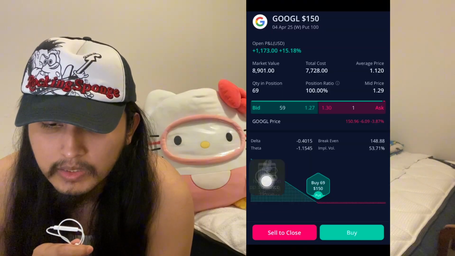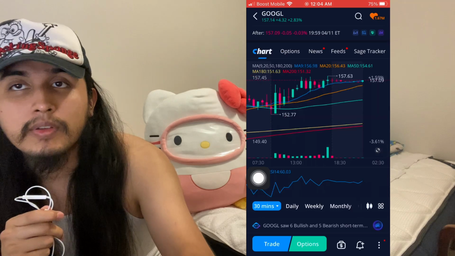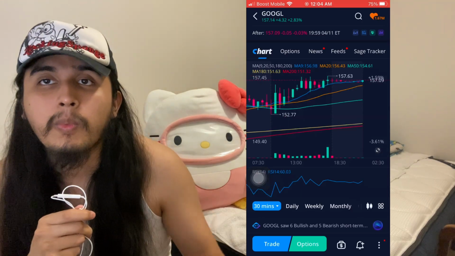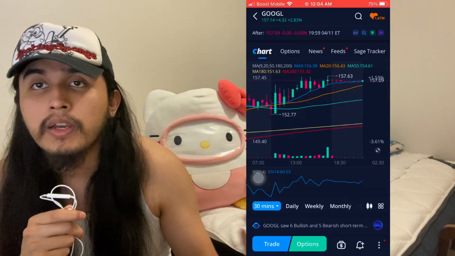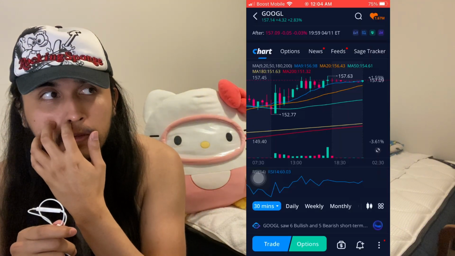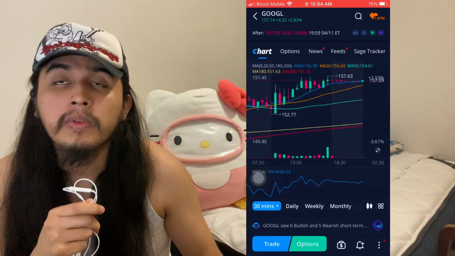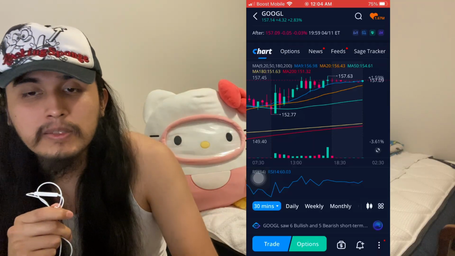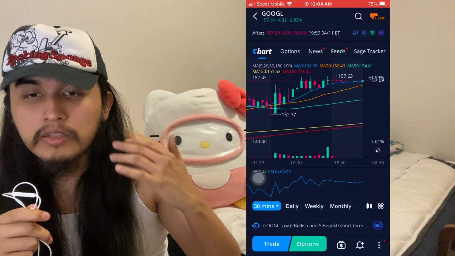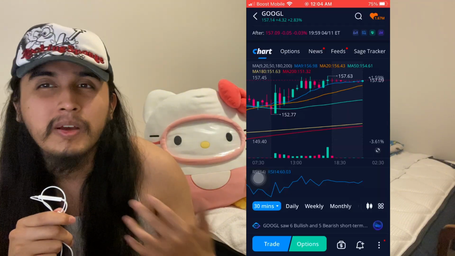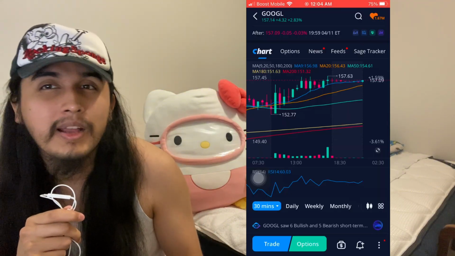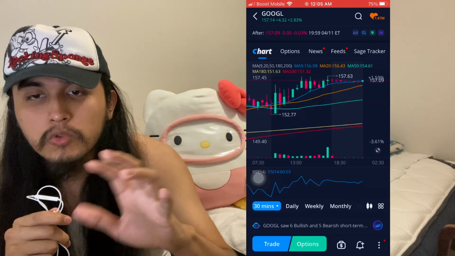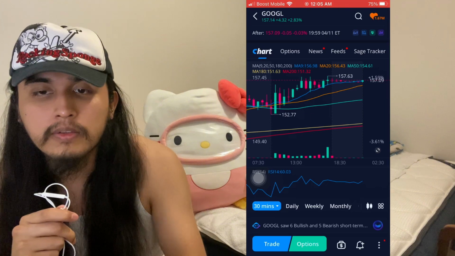So basically the strategy is you're trying to use the moving averages as either support or resistance, and then figure out if you're playing puts or call options on that specific stock. It's all about probability, and it's also based on trends.